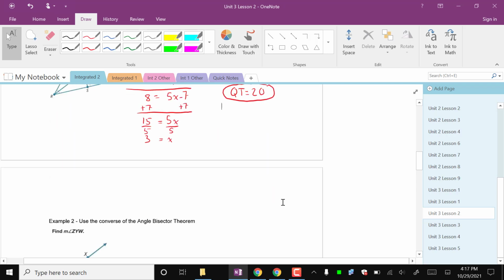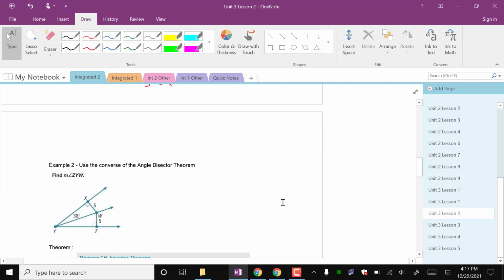In example 2, we're going to use the converse of the angle bisector theorem. We want to find the measure of angle ZYW. So this angle right here.